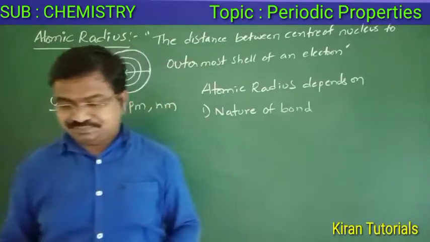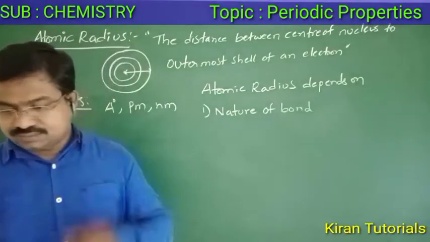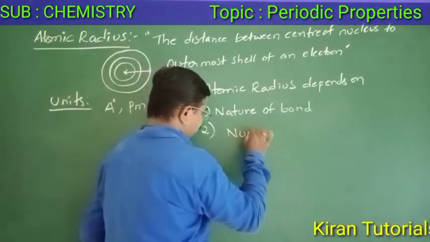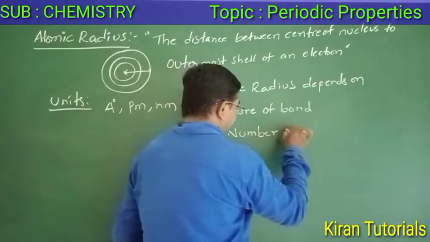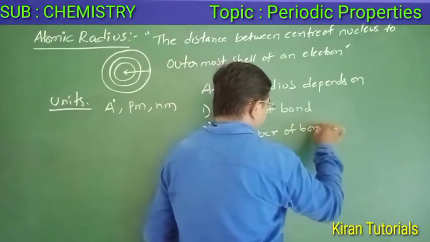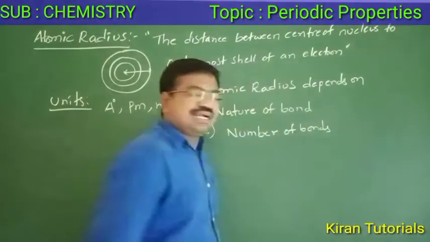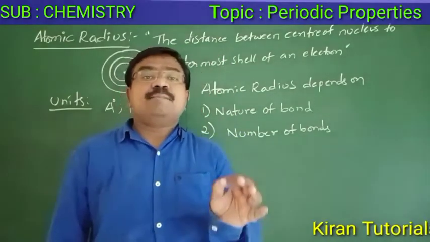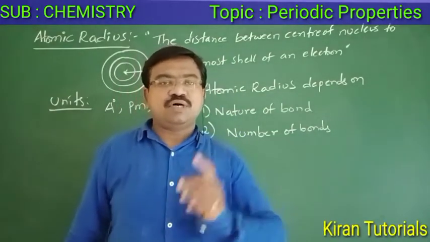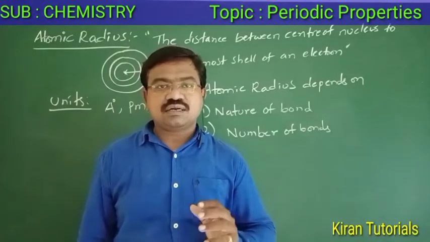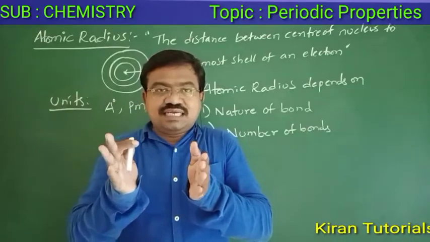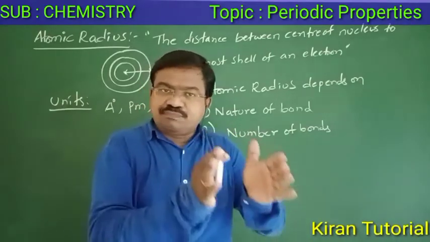The second one, number of bonds. Atomic radius depends on the number of bonds, whether there is a single bond or double bond or triple bond.